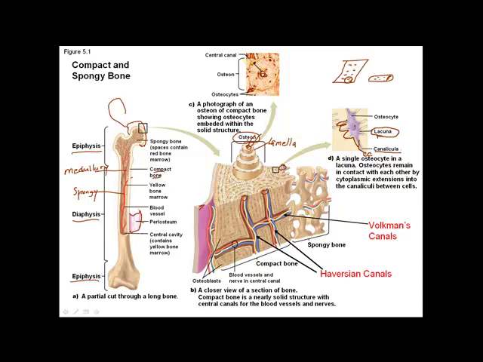Canalicula is singular, canaliculi is plural. And these connect to the central canal if it's in the first ring, or it connects to the second ring if it's here. The canaliculi connects to the next osteocyte. Okay, so it will be feeding the next guy, if that makes sense. And this one will be feeding this guy through the canalicula.